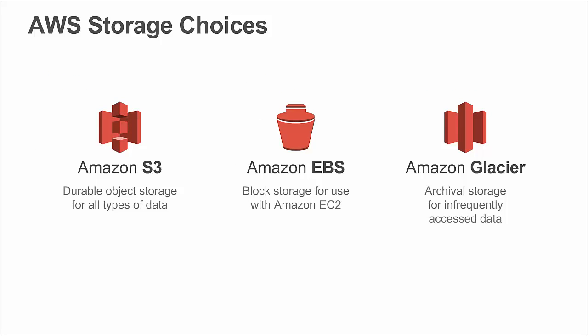So we have three main categories of storage. If we start at the most fundamental level, we have Amazon EBS, which is block storage for use with EC2 servers. This is going to look a lot like disks that you might have attached in a data center.